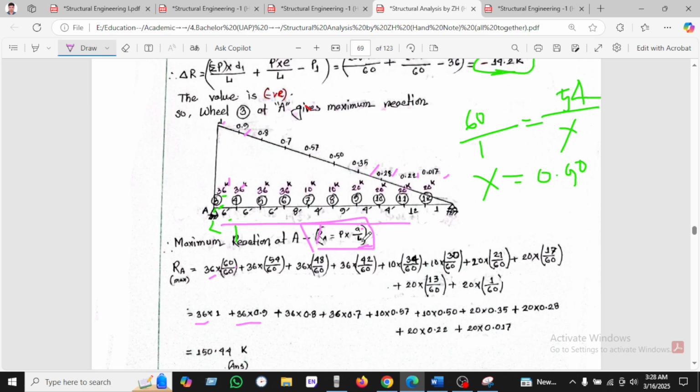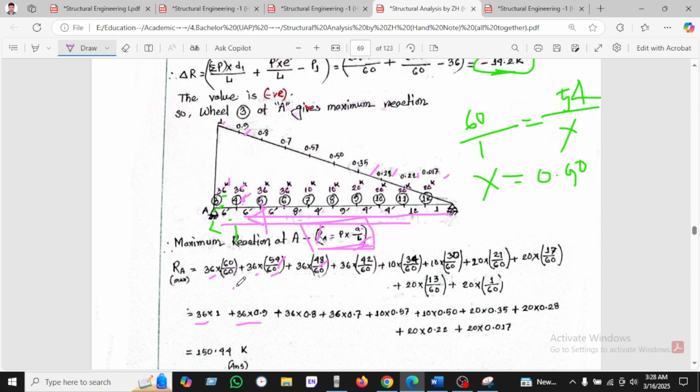The total length we know is 60, and 36 another one, and A means this length which has been found as 54. This is 54 minus 60, and consequently the second and third wheel is 36, and it will be 48, the distance from right to left.